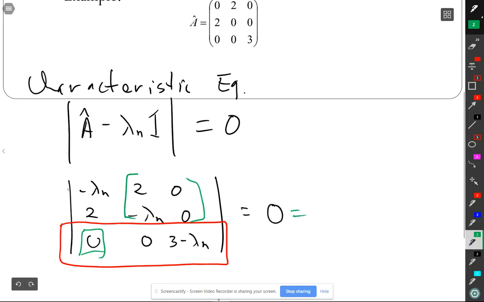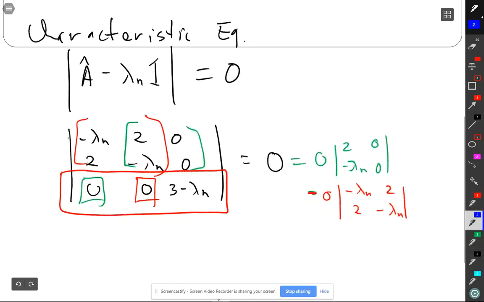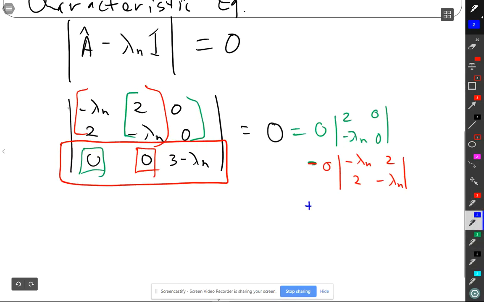So you have equals 0 times the determinant of 2, 0 minus lambda n 0. Then you change the sign, so minus the second one. So here's my second one. Here's its co-matrix. So minus 0 times the determinant of minus lambda n 2, 2 minus lambda n. Flip the sign again, plus, but now I have 3 minus lambda n times the determinant of its co-matrix.